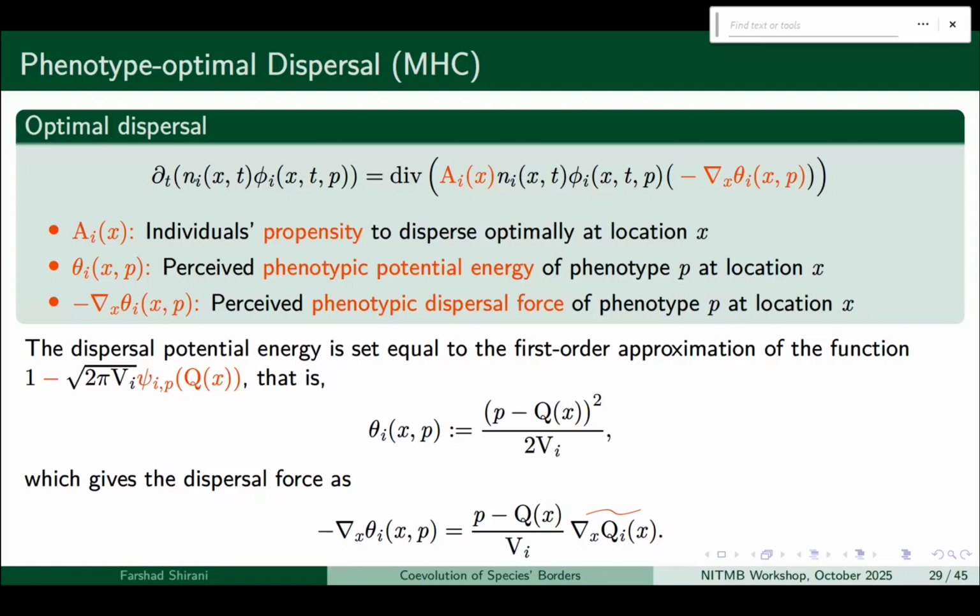So we get the gradient. It induces a dispersal force, which is going to direct the movement of the phenotype along the gradient toward the optimum value of the environment, depending on the niche breadth and the mismatch between the phenotype and the environment.